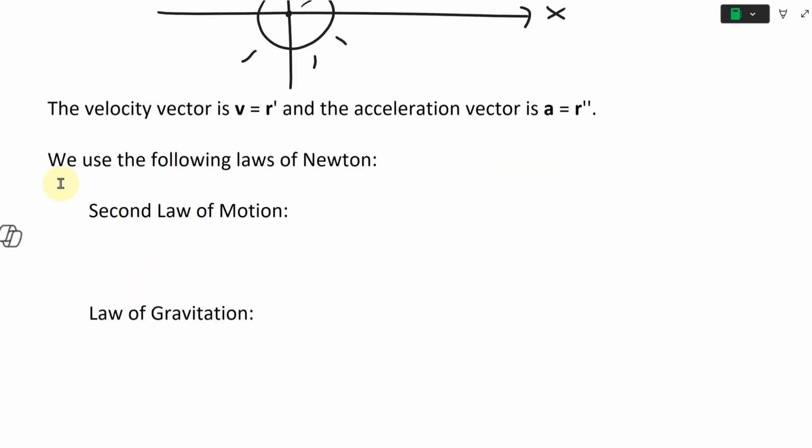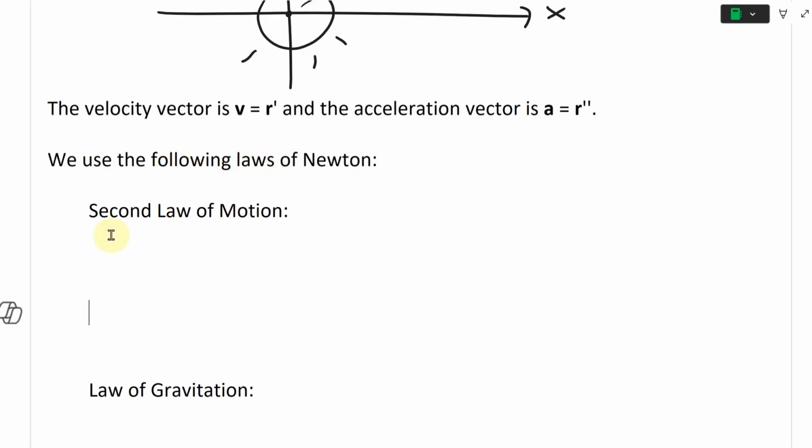All right, so we use the following laws of Newton. His second law of motion basically states that if you have a force vector F, it equals a constant mass times the acceleration vector.